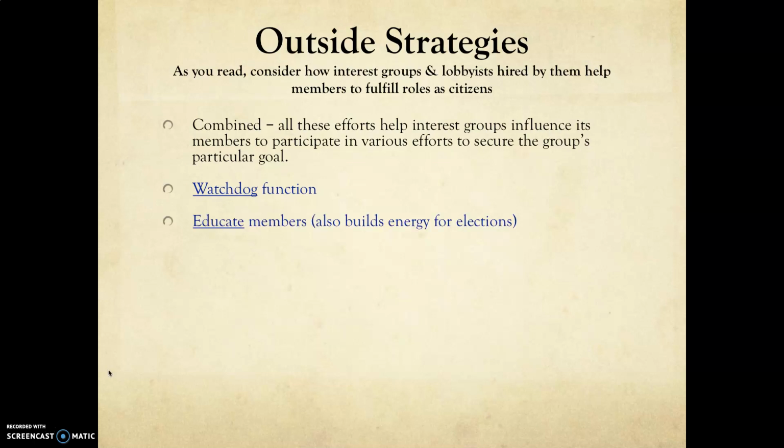Part of that watchdog function results in the education of the membership by communicating with the members, whether it's text messages, email alerts and updates, an active and very current website. These are ways using technology, which may also incorporate social media, to keep the membership both activated and educated about issues important to that particular membership.